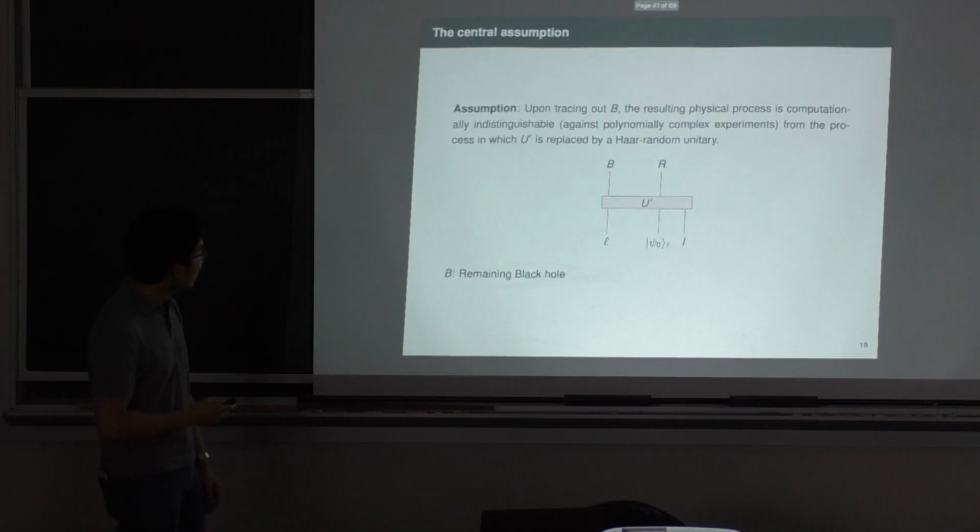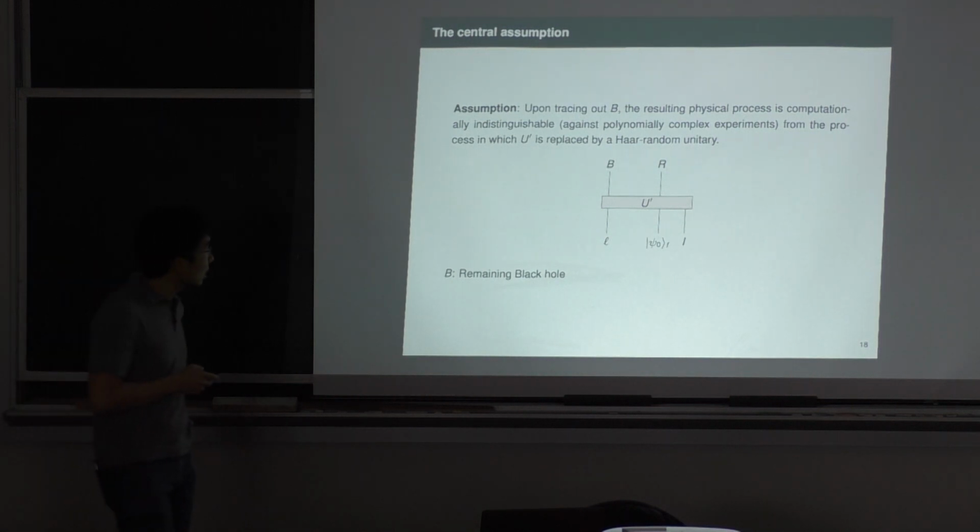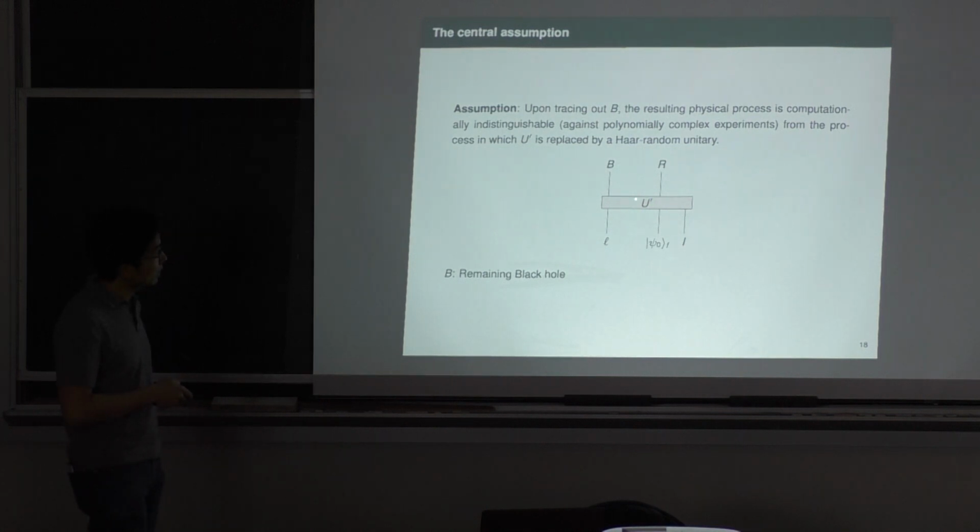For the purpose of this talk, though, I will need to make some assumption, otherwise I can't do anything. And the assumption morally is the following. So remember, U prime is a unitary that describes a black hole operation. You start with some initial state, and then you throw in a row of I, so I is the involver.